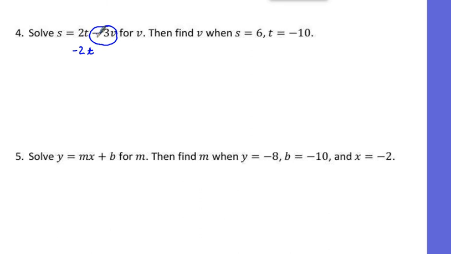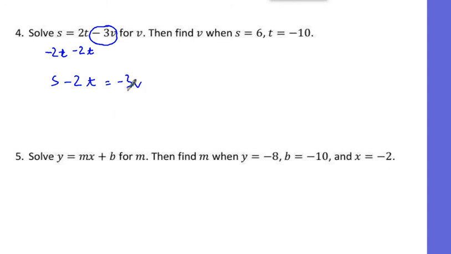Since the 3v is a new term, we know it's a subtraction situation here. So S minus 2t equals negative 3v.